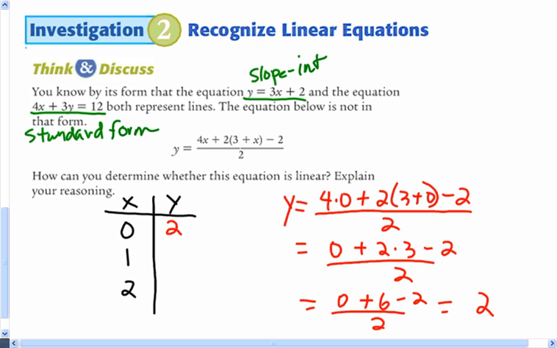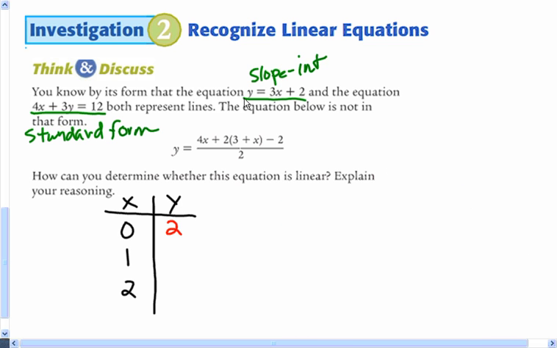So not only do I know that the y value when x is 0 is 2, but I also now know the y-intercept if this does turn out to be a linear equation.